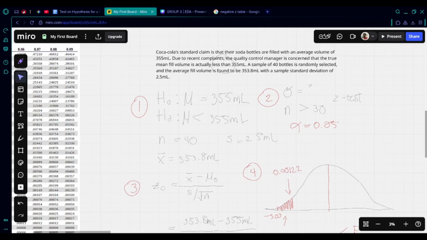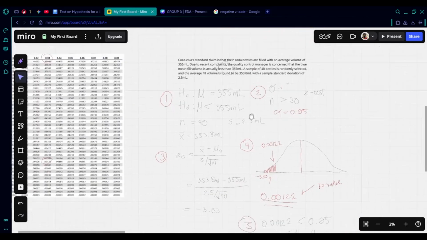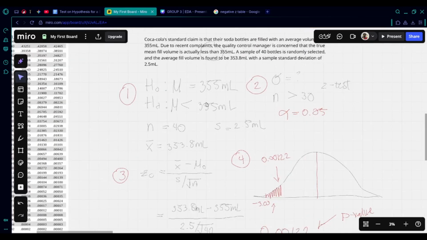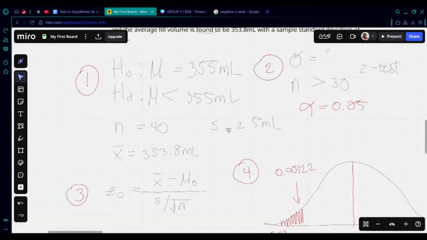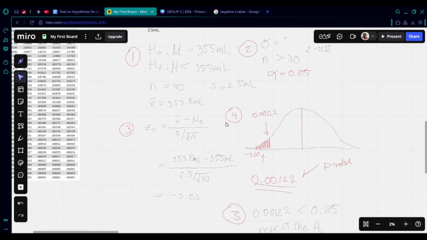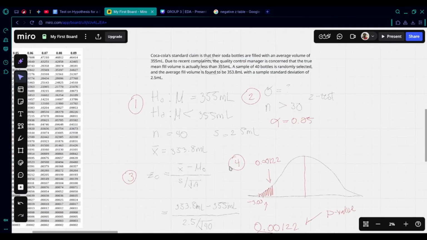So, it means that this null hypothesis is proven to be wrong, which is proven by means of this p-value testing. So, now that we concluded our final answer, that is our step 6.